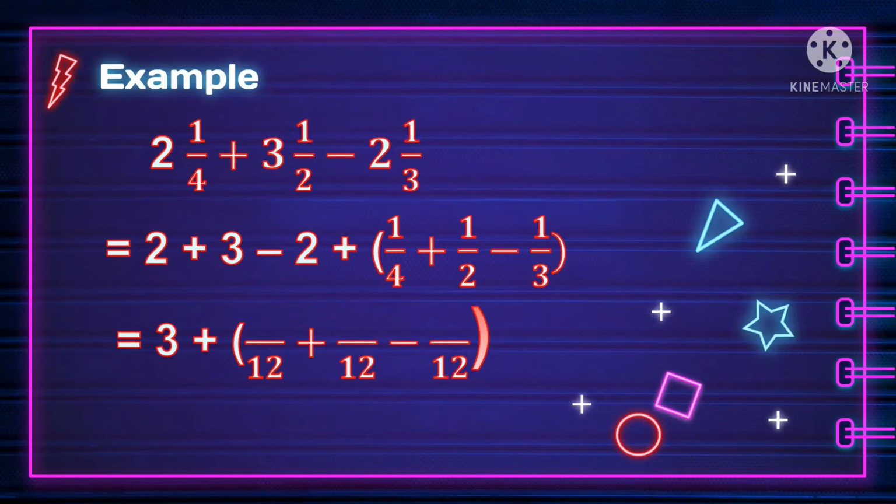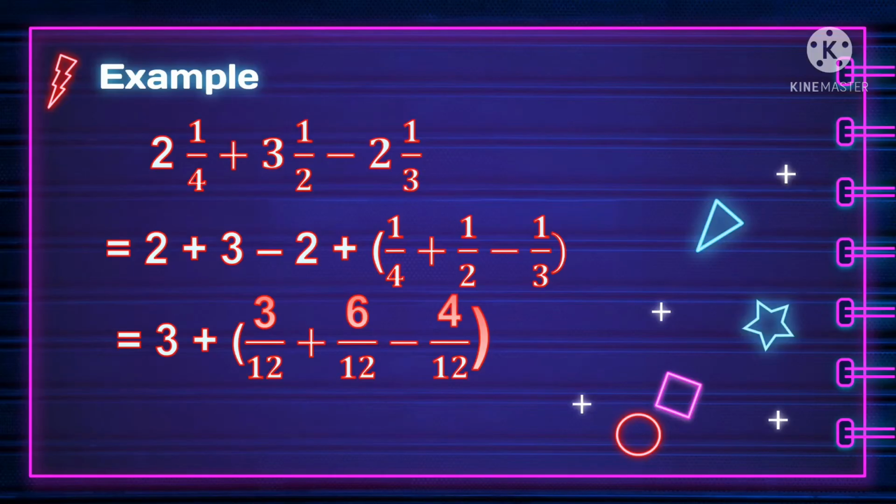And to get the new numerators, we have to divide the LCD dito sa mga denominators, then i-multiply natin sa numerators. So, 12 divided by 4 is 3, 3 times 1, that is 3. Next, 12 divided by 2 is 6 times 1, so 6. Then, last, 12 divided by 3 is 4 times 1, that is 4.